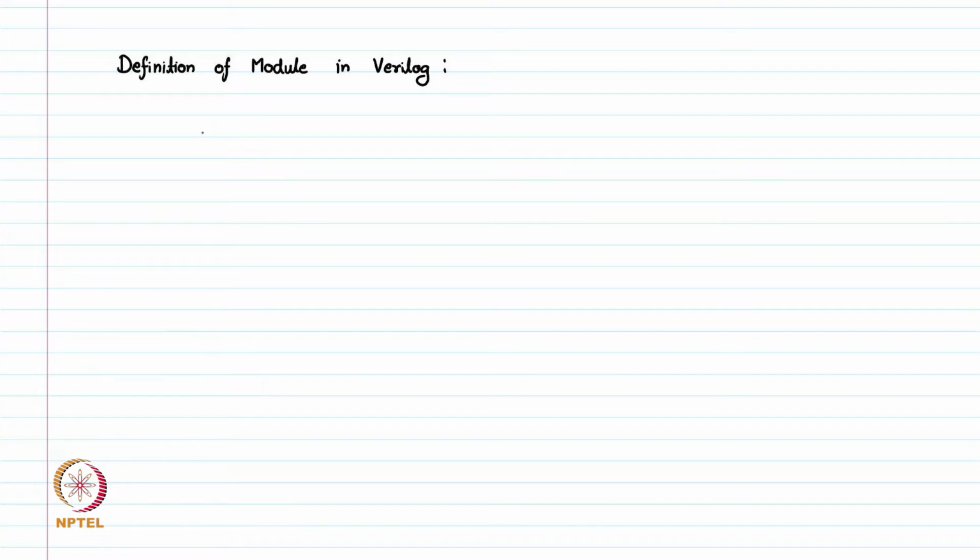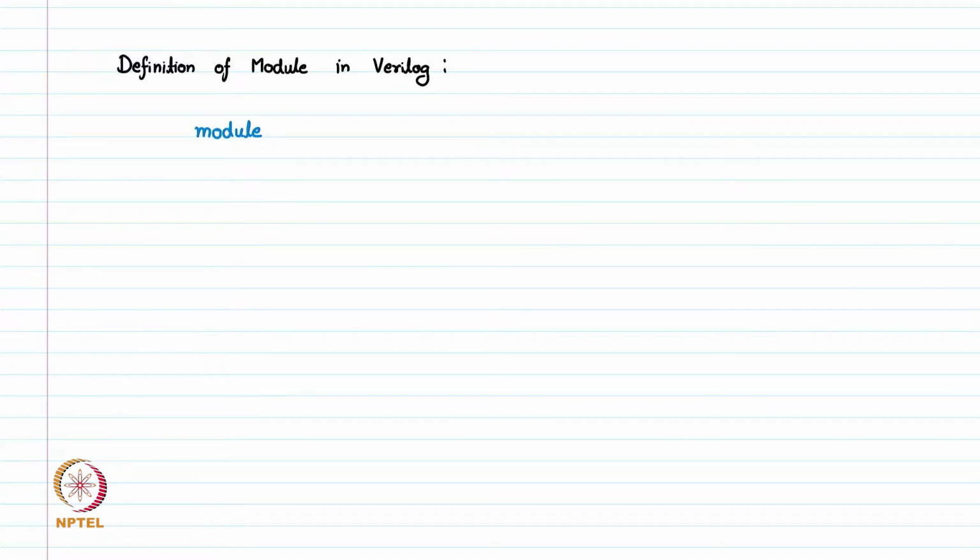So, when we, for example, write the module code, we first start by writing module, and the simulator understands this keyword module. This keyword we cannot use for any other purpose.